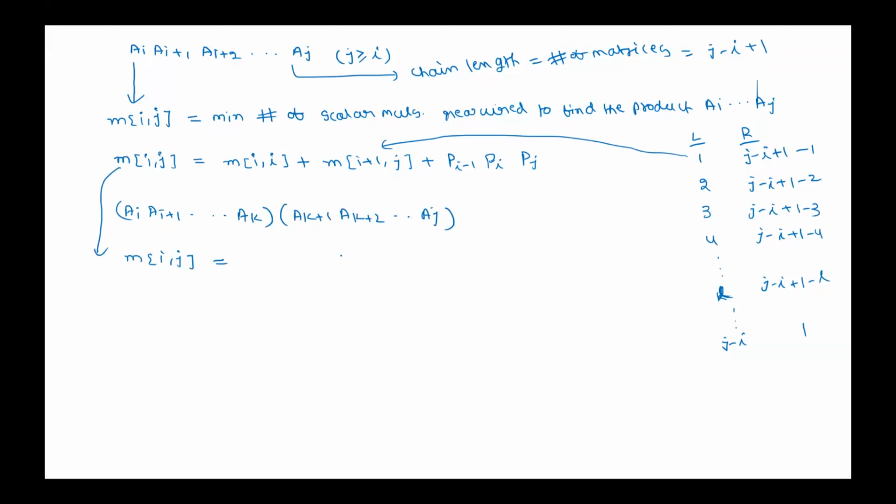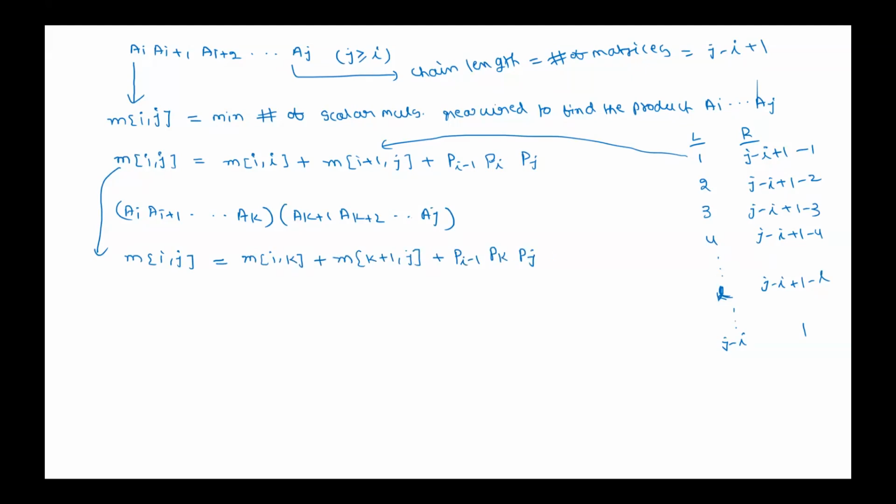M(i,k) plus M(k+1,j) plus P(i-1) P(k) P(j). Is that correct?